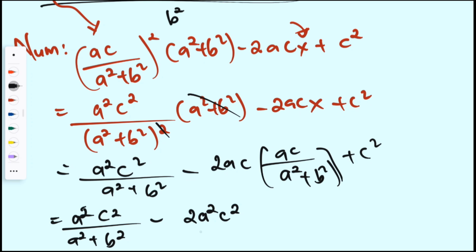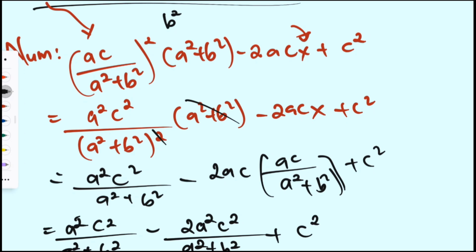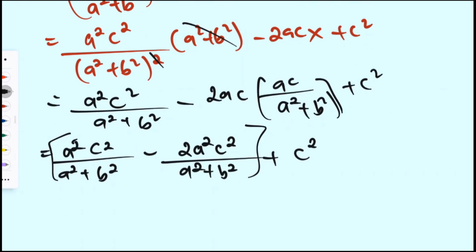Maybe I'm just a little tired. Over a squared plus b squared, plus c squared. So here we have a squared c squared minus 2a squared c squared, and they have a common denominator. So 1 minus 2 is going to be negative 1. So this would be negative a squared c squared over a squared plus b squared.